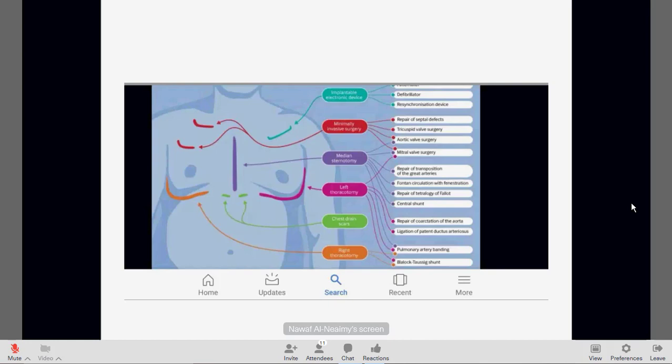بس قصدي لو كنتم تفحصون cardiovascular system وشفتوا الميد لاين sternotomy scar، it's better to ask the examiner that you want to expose the legs of the patient.